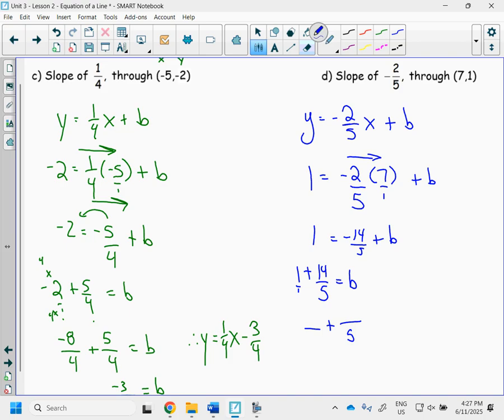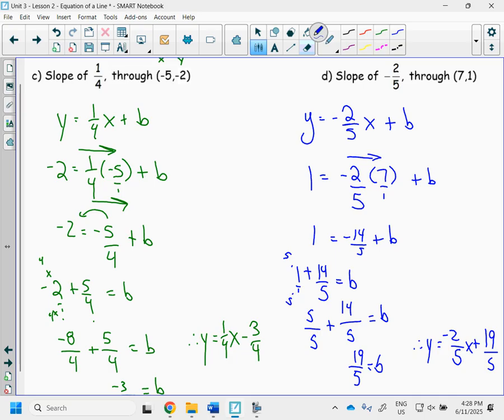It's technically over 1, so I'm going to times it by 5. 5/5 is the same as 1, just a different version of it. And I'm going to add those numbers up, and I'll get 19/5 for b, giving me an equation of y equals mx plus b. There's our equation.